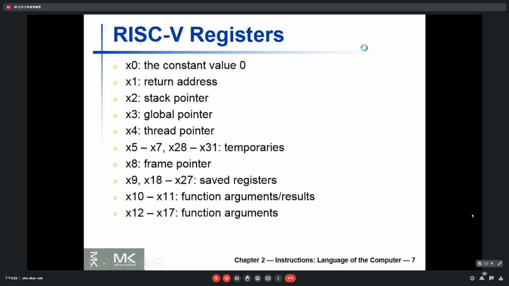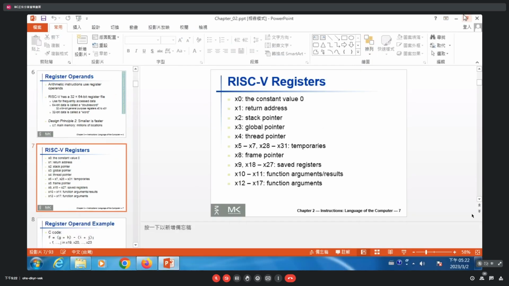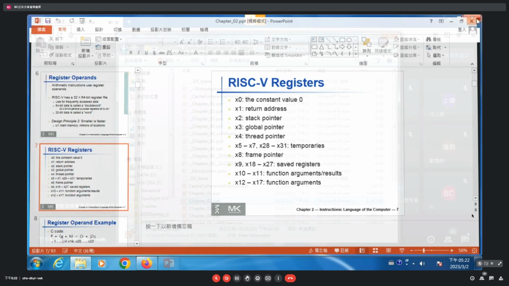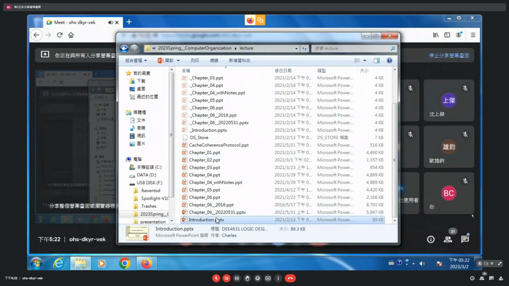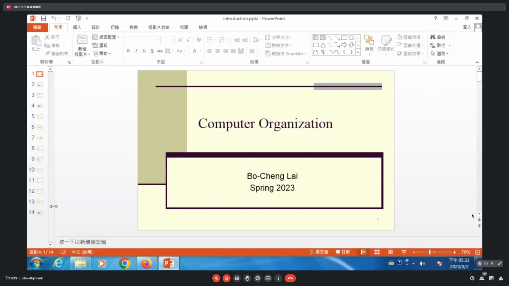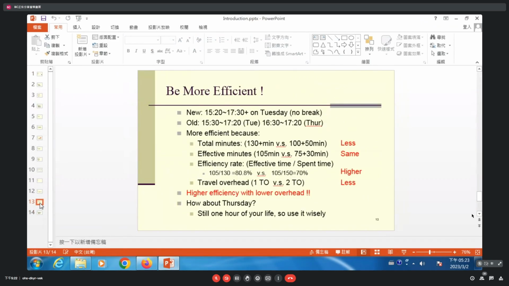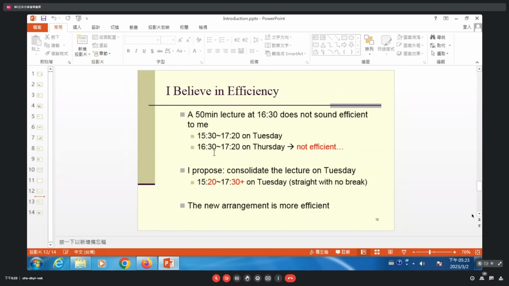We will continue next week. So again, starting next week, we should start using our new schedule. 你记得我们的 new schedule. So our new schedule is, instead of having a 1 hour 50-minute session on Thursday, we will focus on Tuesday.